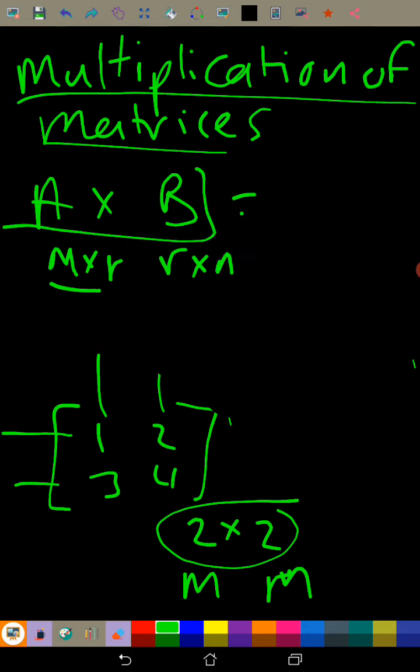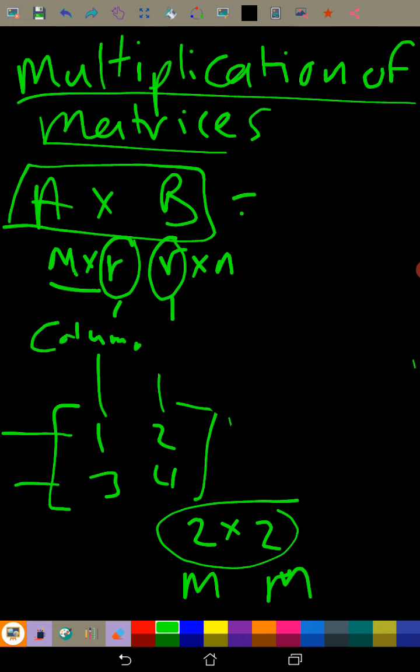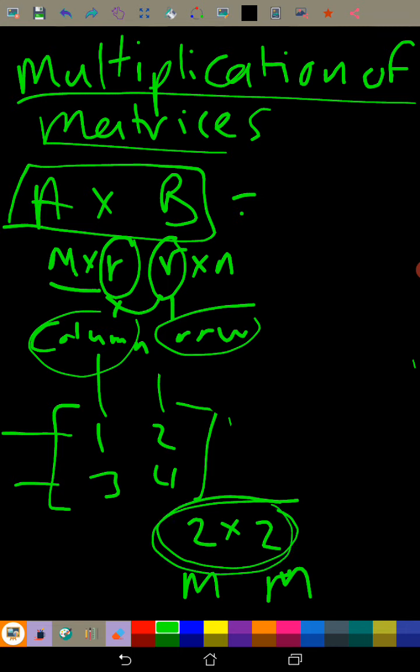For two matrices to multiply, you need to have this and this the same. So here the column count is the same as the row count. Column, row. They should be the same. If they are not the same, it's not possible to multiply them. That's a rule. Very important. So look at the size of the matrices, and you can say if they can be added, subtracted, and multiplied.